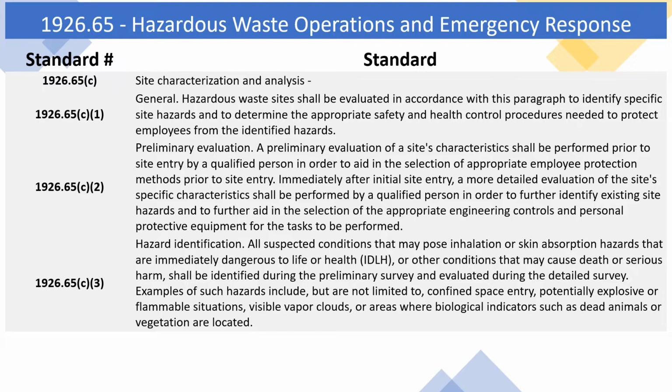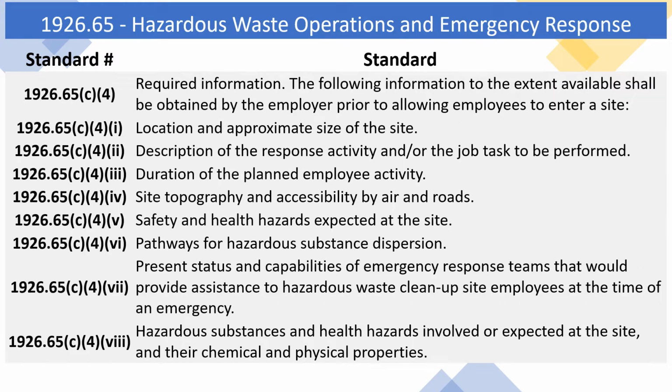Examples of such hazards include, but are not limited to, confined space entry, potentially explosive or flammable situations, visible vapor clouds, or areas where biological indicators such as dead animals or vegetation are located. 1926.65(c)(4), Required information. The following information, to the extent available, shall be obtained by the employer prior to allowing employees to enter a site.